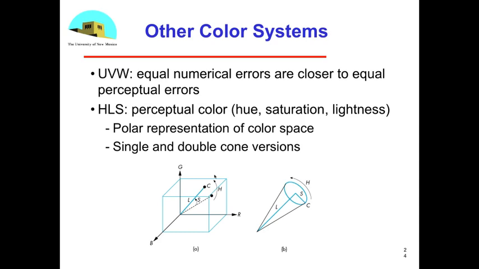So if you use any of the applications, Adobe applications or Maya or something like that, people will tend to want to work in some sort of HLS-like system. So hue is what we would call a color. Saturation is what would distinguish, say, a pink from a red, how much white is mixed in with it. And lightness is essentially the brightness or intensity.